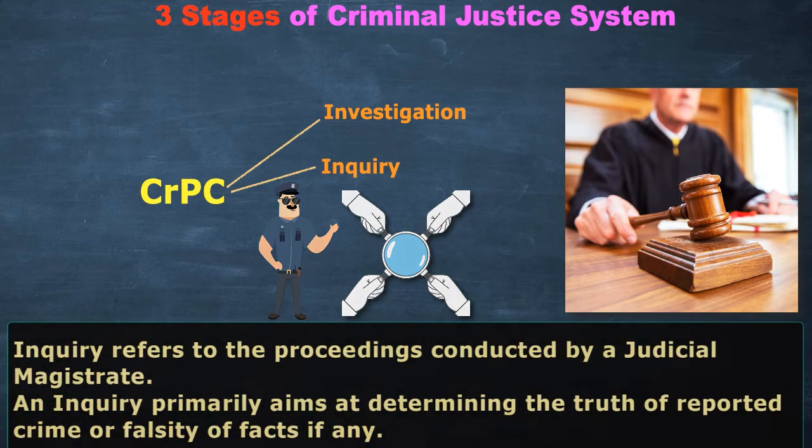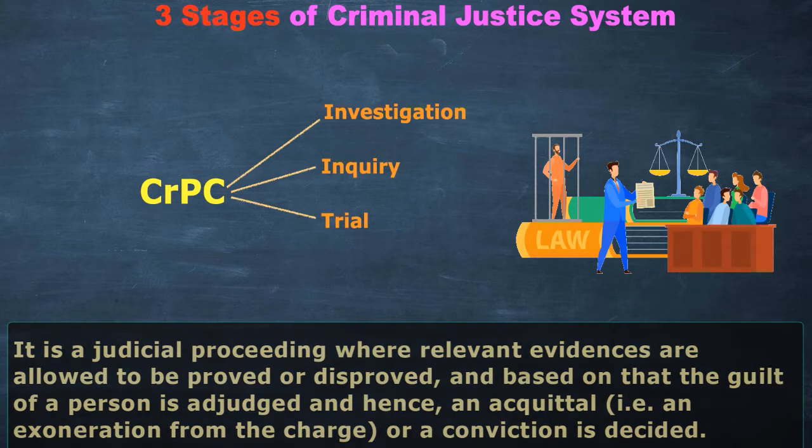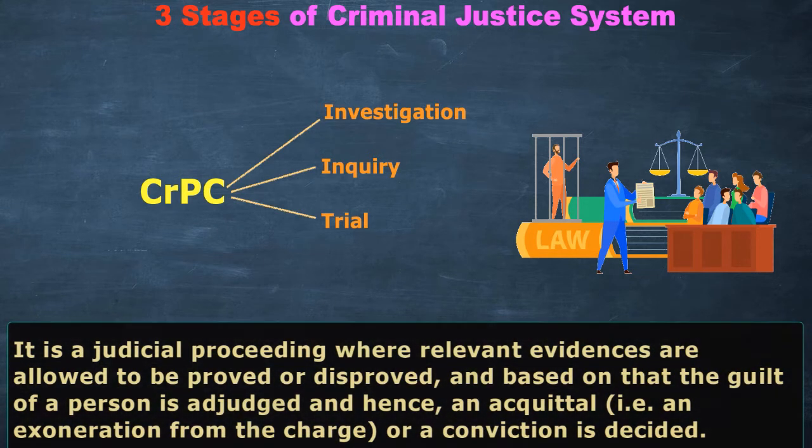And the last one is trial. It is a judicial proceeding where relevant evidence is allowed to be proved or disproved, and based on that the guilt of a person is adjudged, and hence an acquittal, that is an exoneration from the charge, or a conviction is decided.